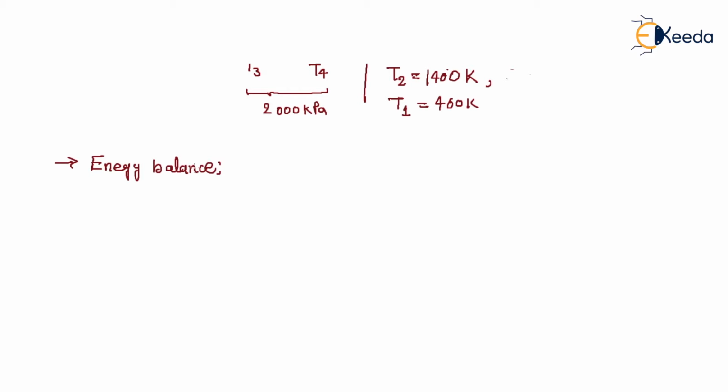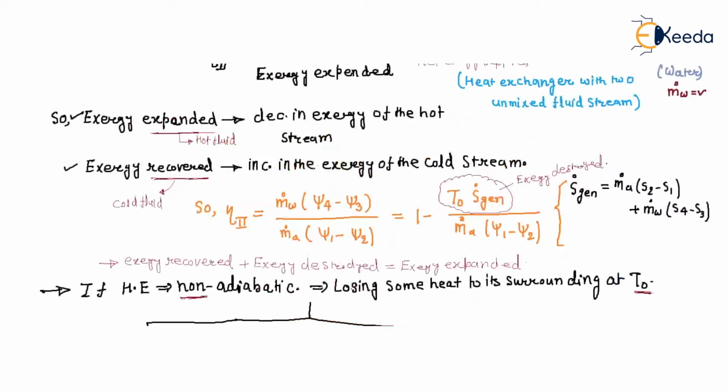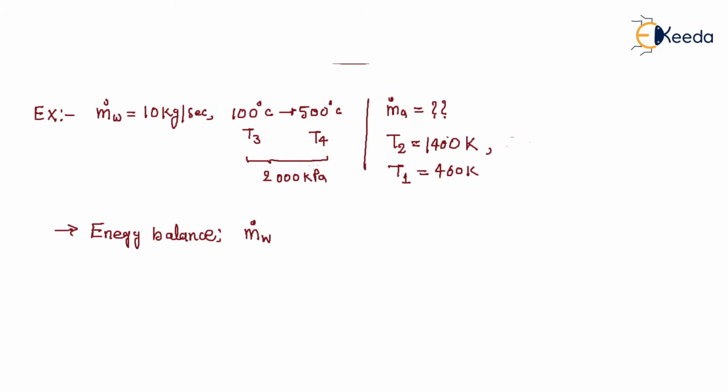Mass of water in, this is your water H3, plus mass of air in H1, equals mass of water exit H4 plus mass of air exit H2.